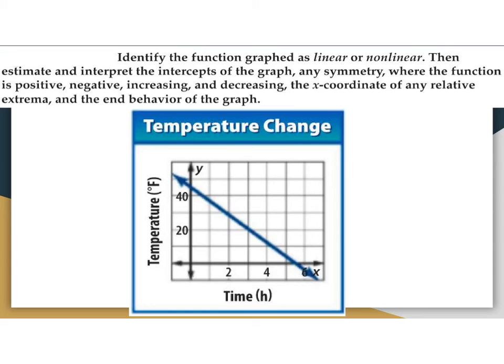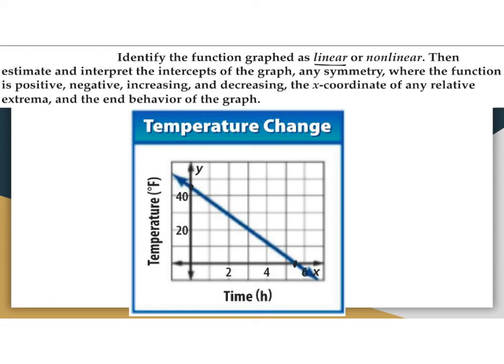One last example, again, go ahead and try this in your notes. So here we see that this is a linear graph. We can estimate and interpret the intercepts of the graph. Here we see that at around 45, we have our y-intercept, and our x-intercept is at about 5.5.